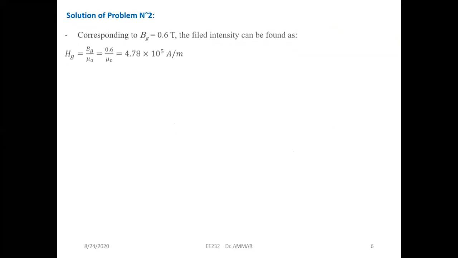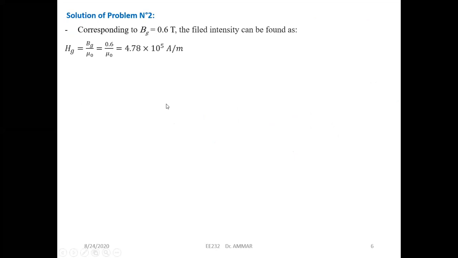Okay. So firstly, we need to determine the field intensity of the air gap. Of course, here we need to achieve this 0.6. We are looking for it in the air gap.